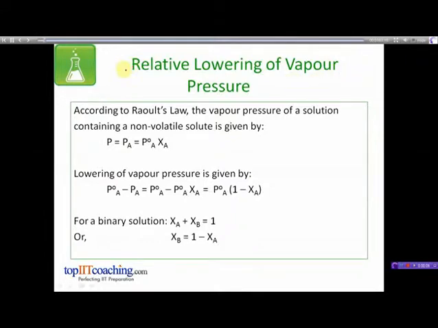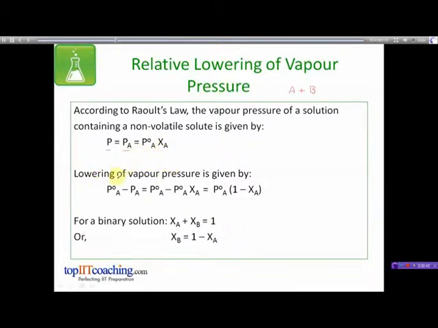Now the first colligative property that we are going to discuss is the relative lowering of vapor pressure. So in this case we are assuming a solution with a volatile solvent A and a non-volatile solute denoted by B. So according to Raoult's law, the vapor pressure of the solution containing a non-volatile solute denoted by P will be equal to PA, that is the vapor pressure of the solvent in the solution form, which will be equal to P naught A XA, where P naught A is the vapor pressure of the solvent in its pure state and XA is the mole fraction of the solvent.